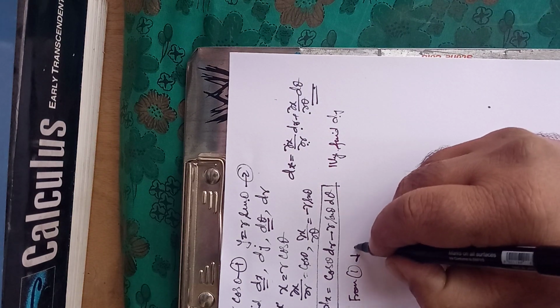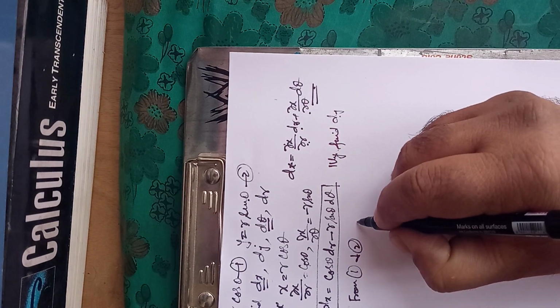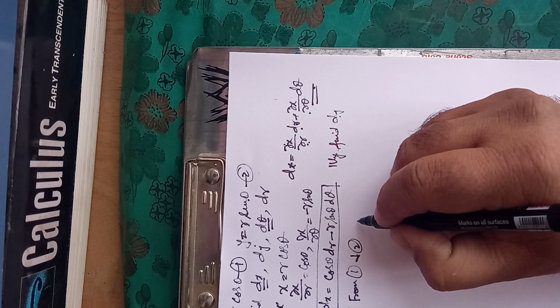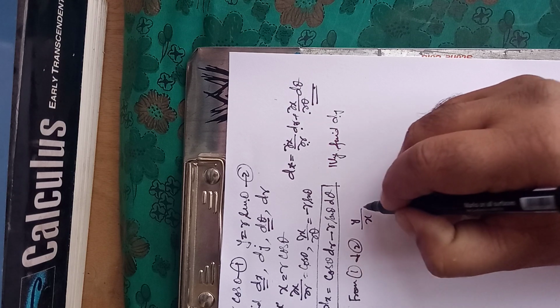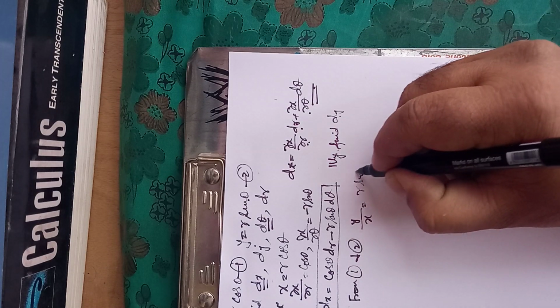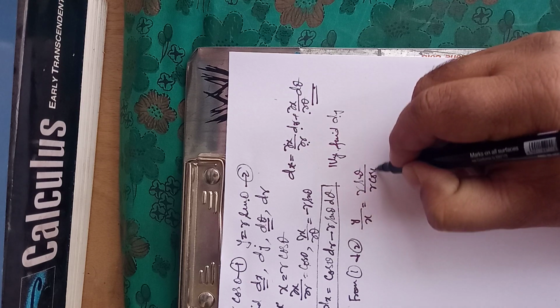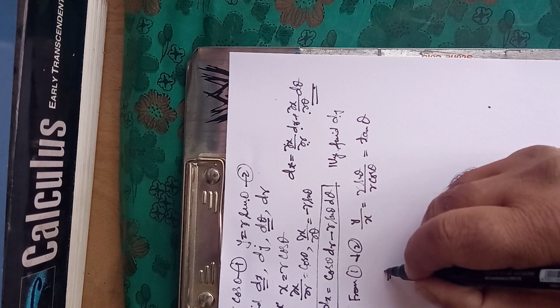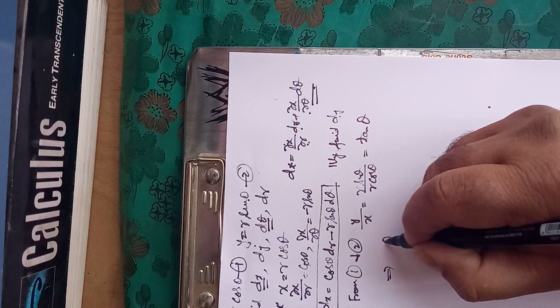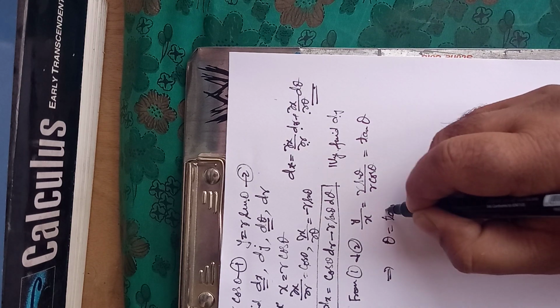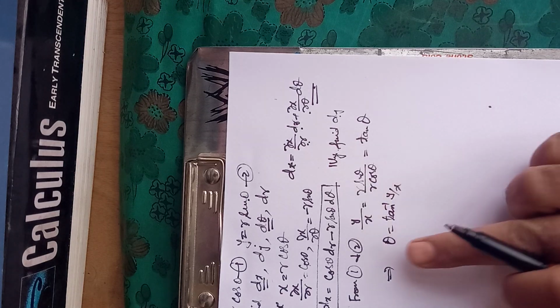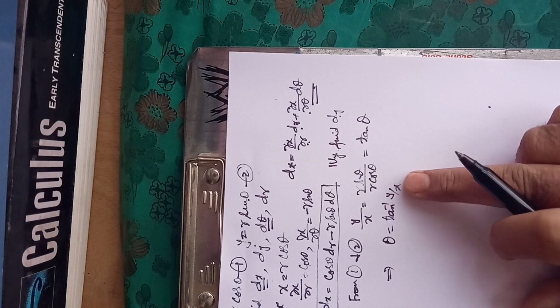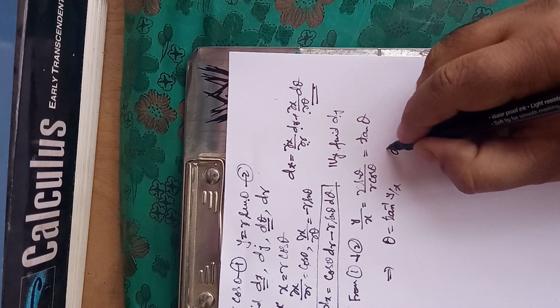Now from 1 and 2, what is y by x? It is r sin theta upon r cos theta, which means tan theta. This gives theta equal to tan inverse y by x. So theta is a function of y and x. So you can find d theta.